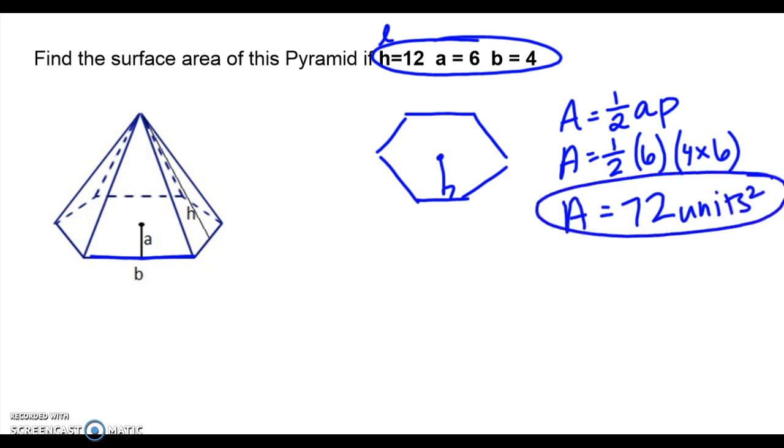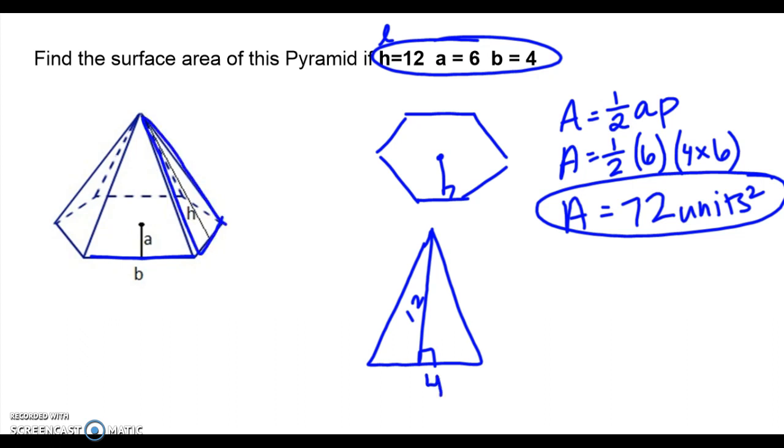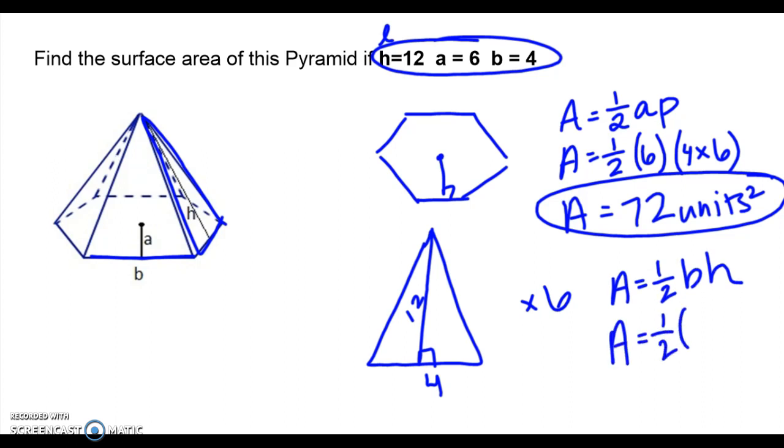Now that's just half of it. We also have all of our triangles here, and they gave us that the slant height was 12, and we already know that the base is 4. And we have 6 of these, right? Because there's 6 of them coming off of the hexagon. So we're going to have to multiply it by 6 at the end. And we know area equals 1/2 base times height. So area equals 1/2 times 4 times 12.